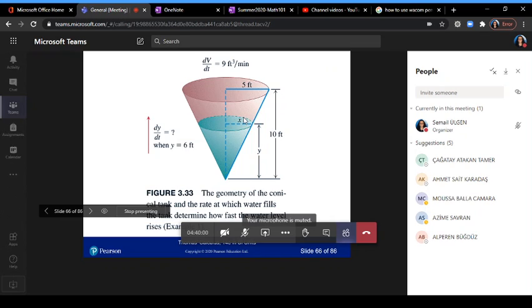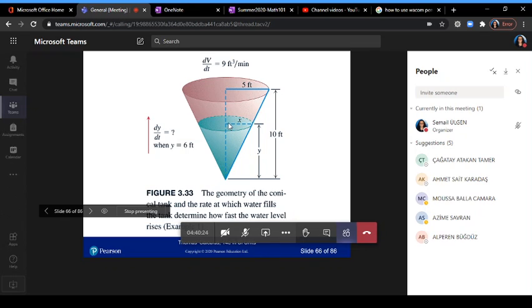However, as you see, V is a function of x and y like this, but that's not a good thing. We want to write V as a function of y only.